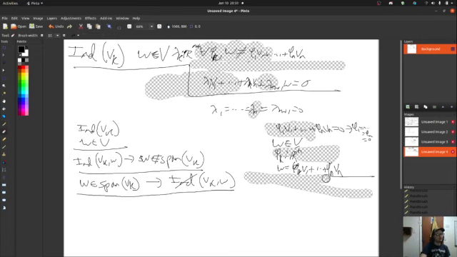What we're going to do is pull up part of the definition of dependent. So what is the definition of dependent?